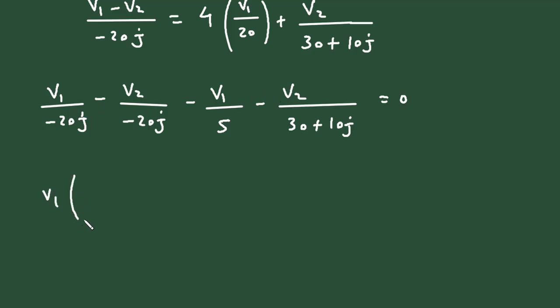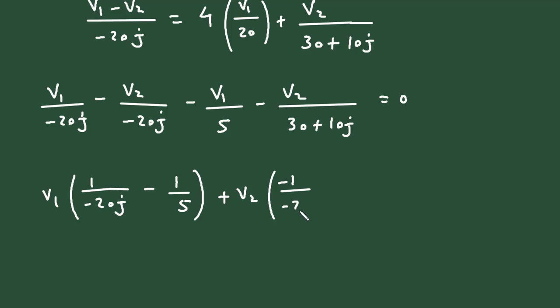So V1 in bracket 1 upon minus 20J, then minus 1 by 5, plus V2 in bracket minus 1 upon minus 20J, then minus 1 upon 30 plus 10J is equal to 0.